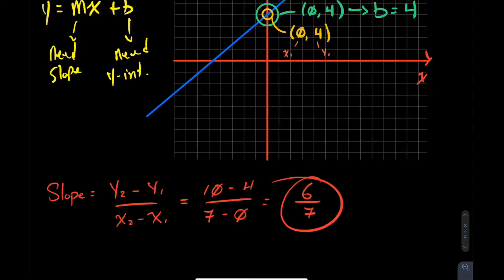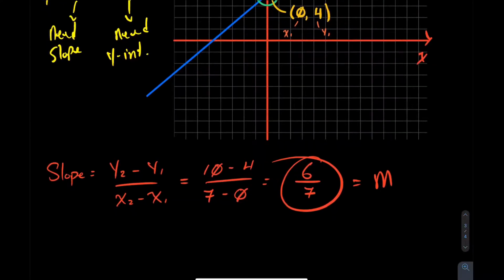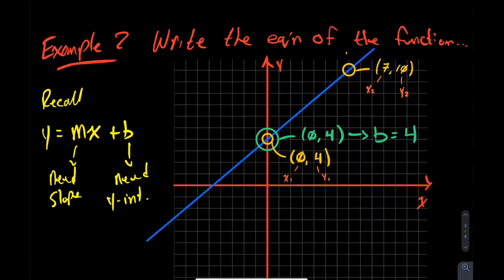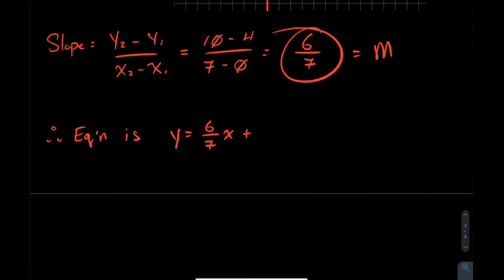There's our slope, m. So our equation, therefore, is y equals positive 6 over 7 times x, and then what did we say our y-intercept was? Plus 4. That's it. Simple as that, folks.